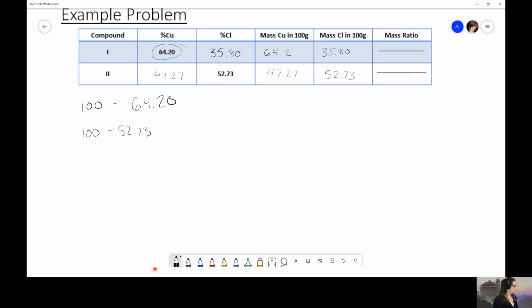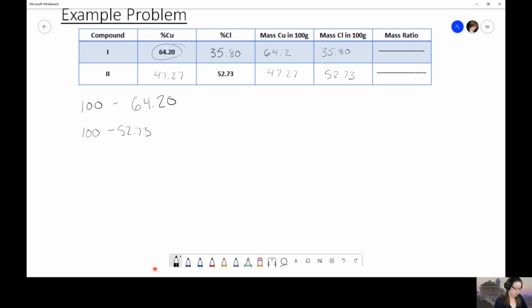Okay. All right. So your mass in 100 grams is equal to your percent by mass.